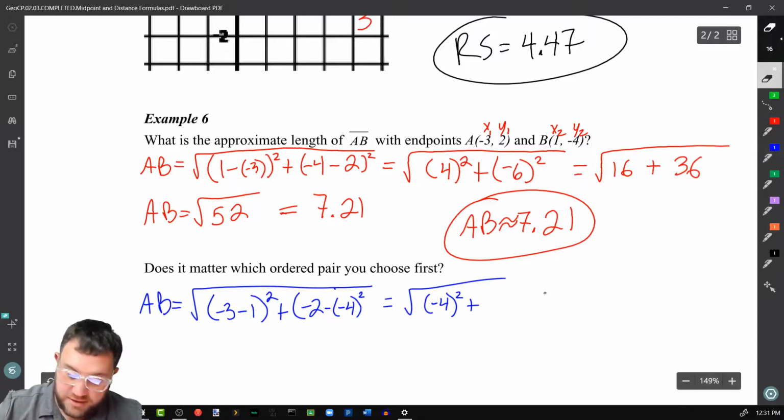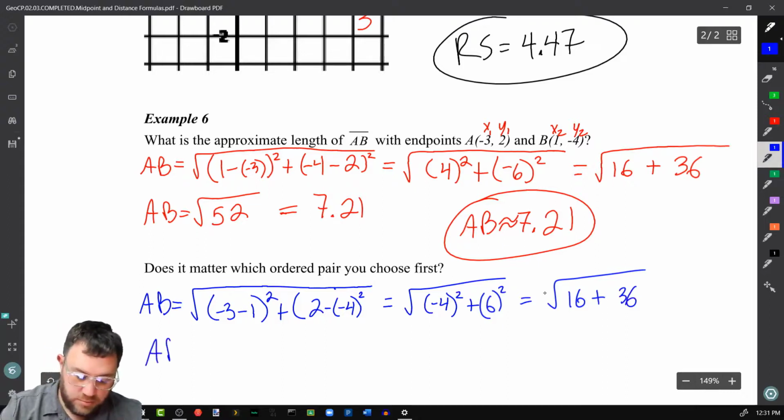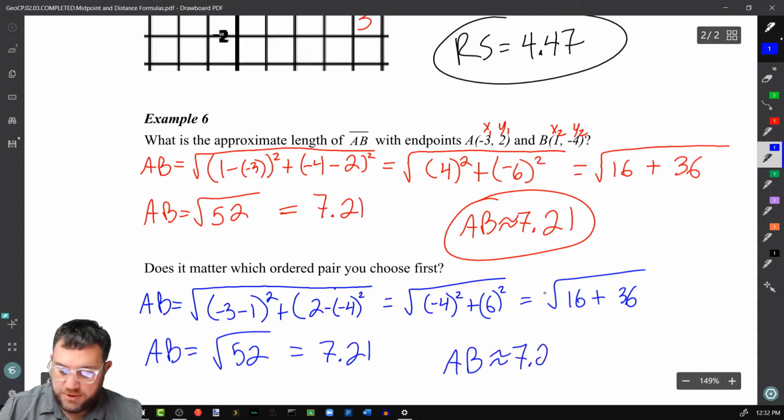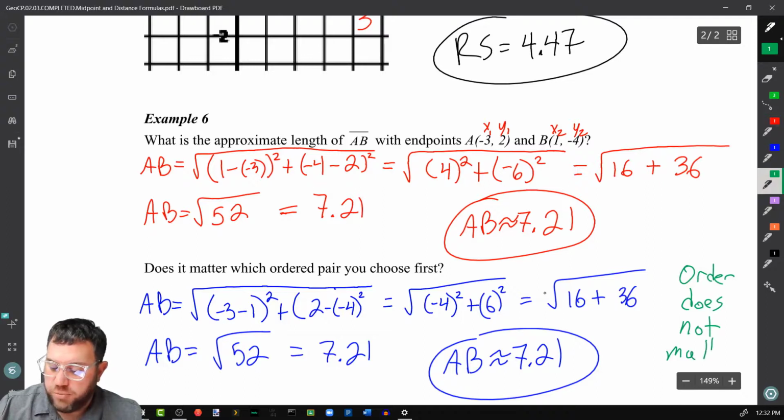Excuse me, that should be positive 2. 2 minus negative 4 will give us 6. And we'll square that. Negative 4 squared is 16. Positive 6 squared is 36. Add those together, we get 52. And that's the same thing we got before. So we know the square root has to be 7.21. So order does not matter as far as which point you start with.